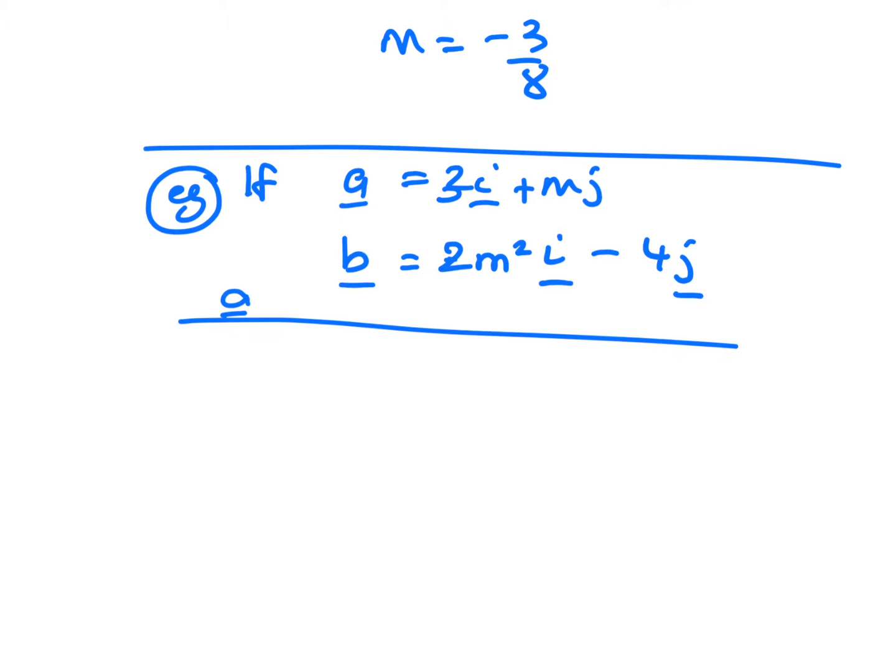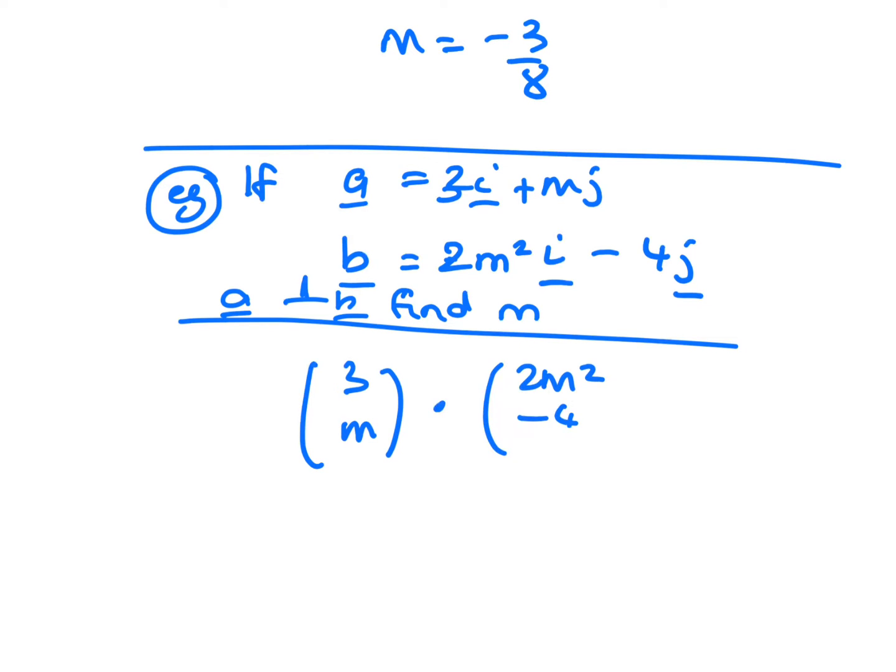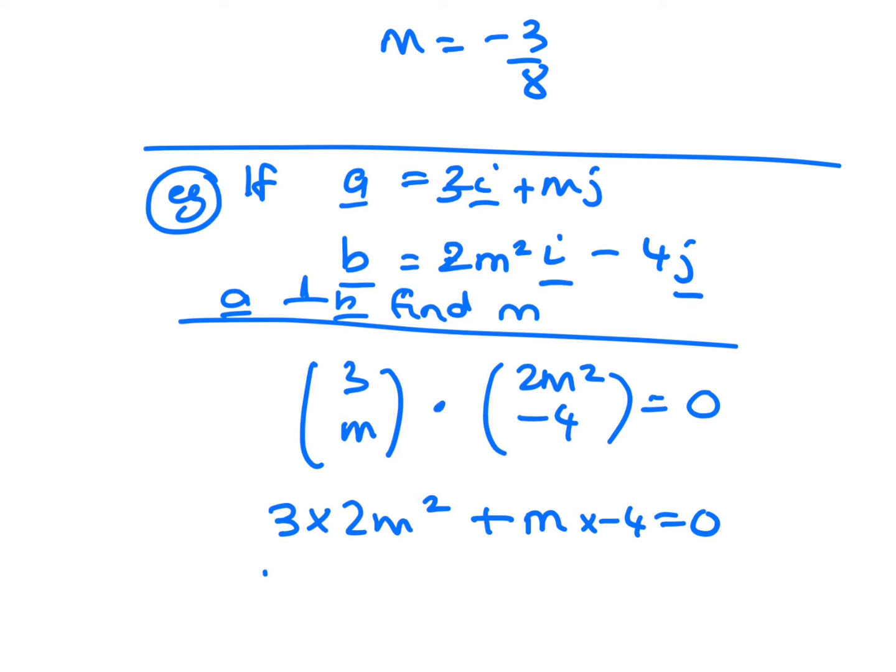Okay, so basically here, if A is perpendicular to B, let's find m. So that means that (3, m) dot (2m squared, minus 4) has to be 0. 3 times 2m squared plus m times minus 4 has to be 0. We get 6m squared minus 4m equals 0.